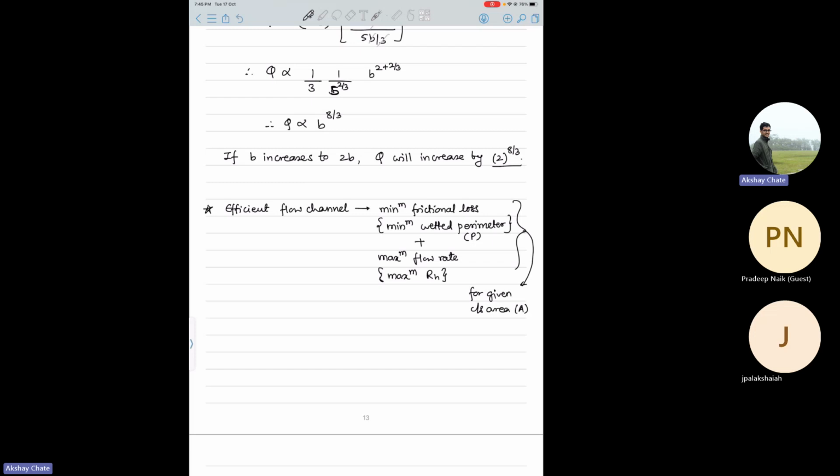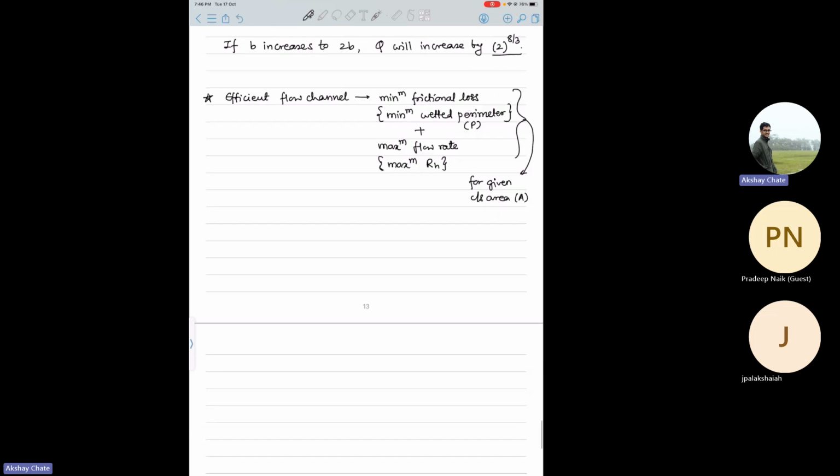So there is a general derivation here which can be extended to trapezoidal and later to rectangular channels.